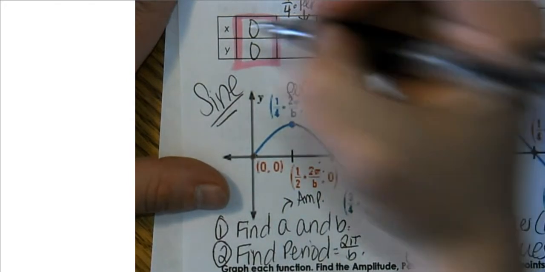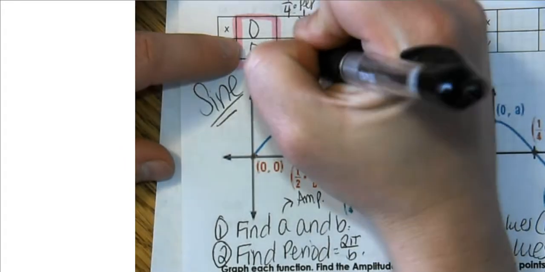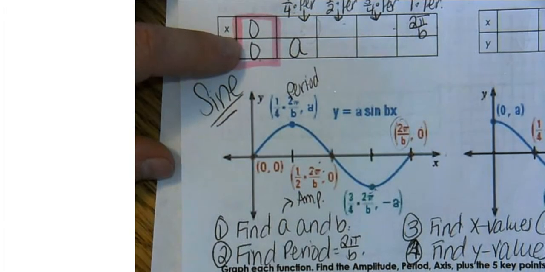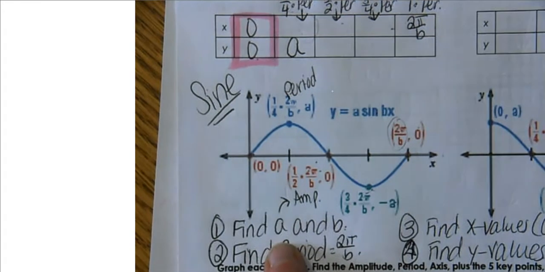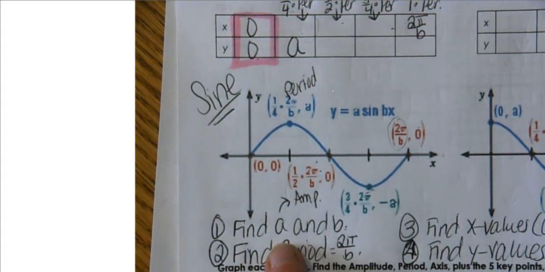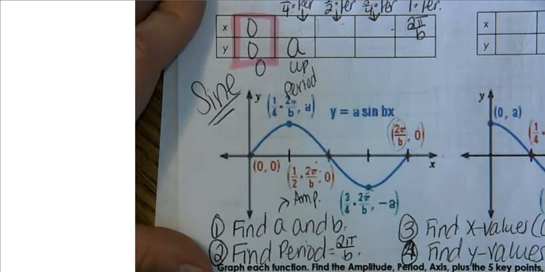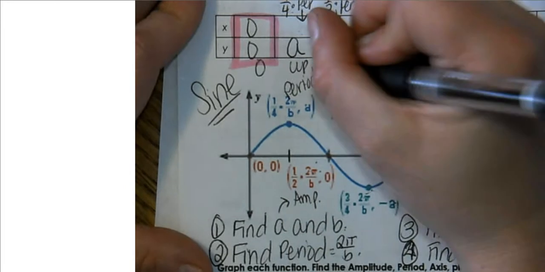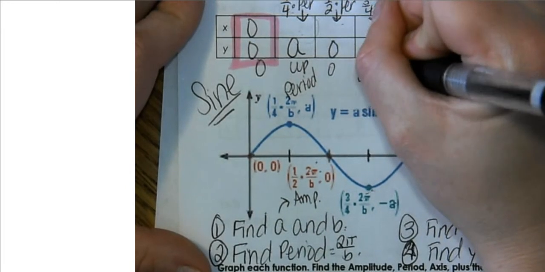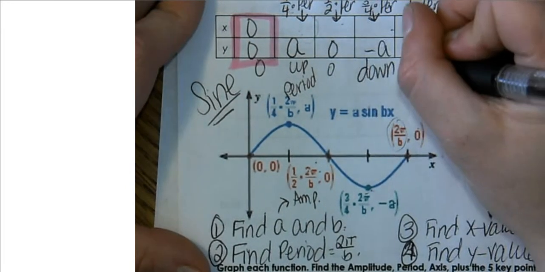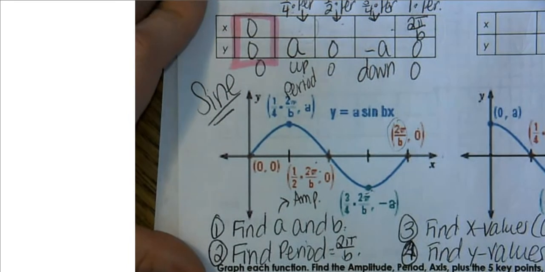So 0, it's going to go up to your A value, because remember that our A value is not necessarily going to be 1. It could be a different number. So 0 up to your A value, back to 0, then down to your negative A value, then back to 0. So 0 up, 0 down, 0.